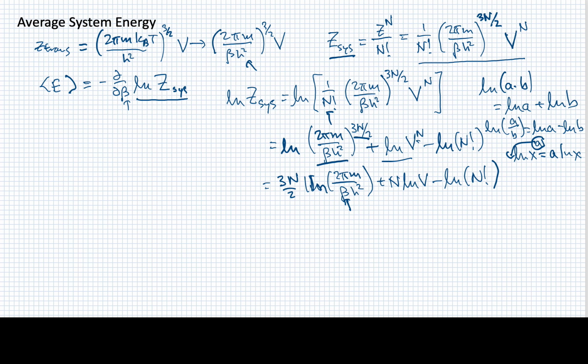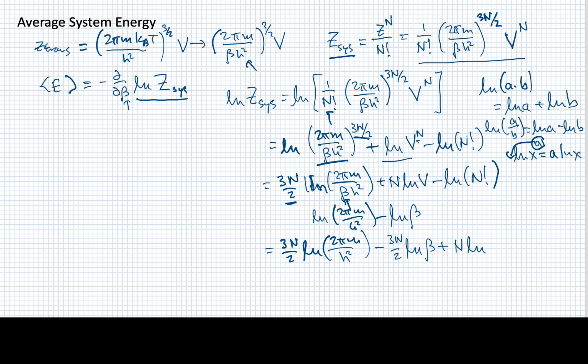What if I write this thing as log of 2 pi m over h squared minus log of beta? Well, I can do that, but I have to pay attention to the fact that both of them have this prefactor. So in fact, I can extend that logarithm by writing it like this. It's equal to 3N over 2 log of 2 pi m over h squared minus 3N over 2 log of beta plus N log V minus log of N factorial.